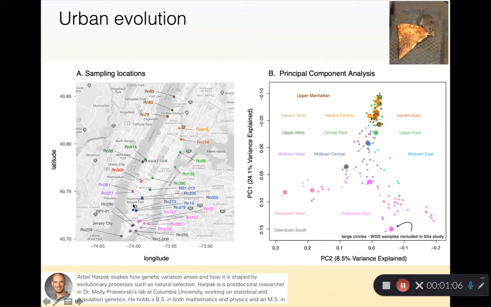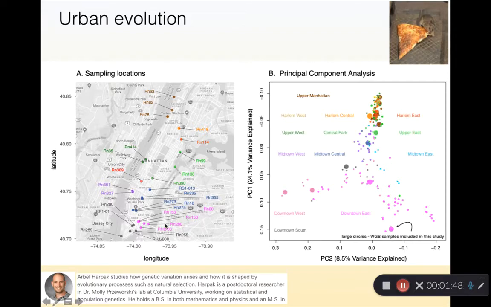This study sampled all up and down Manhattan, from the very top of Upper Manhattan to the downtown South locations, and it looked at how genetically similar populations of rat were throughout the area. What they found was that rats from the northernmost and down through Midtown were much more genetically similar than downtown rats, and even more interestingly, the downtown West rats and downtown East rats were dramatically different.